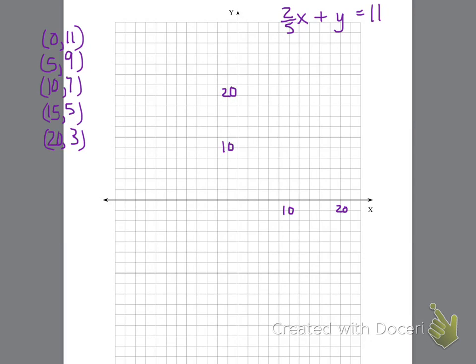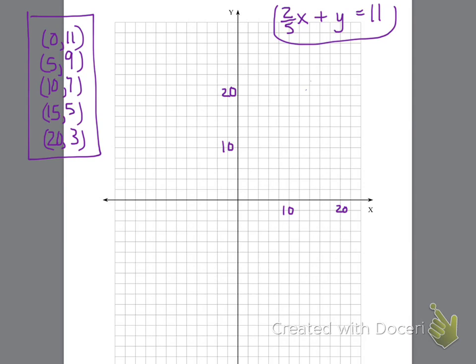Okay, so I've recorded the points that we're going to be plotting. Here's our equation, 2/5 x plus y equals 11. And I chose to make every grid point equal to 2 in order to fit the points on the scale that we're using.